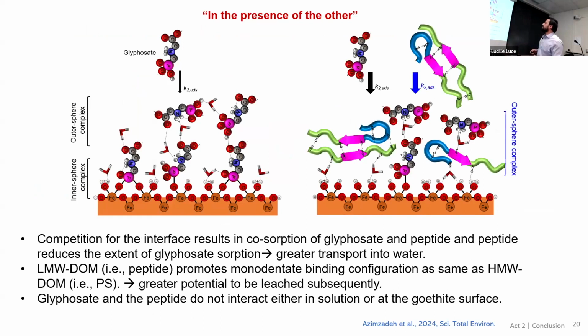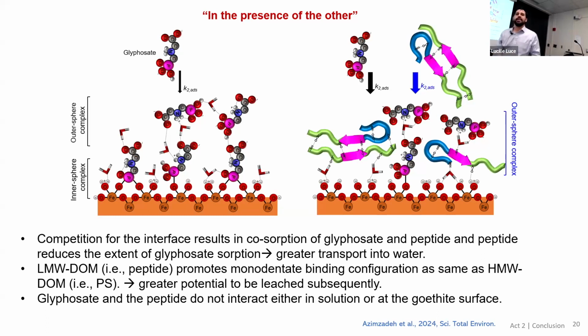In the summary for that, I can say glyphosate adsorption in the presence of peptide decreases the adsorption for glyphosate. And that means we're going to have more transport. When we have low molecular weight soup, glyphosate is not able to find some place to sit for itself.